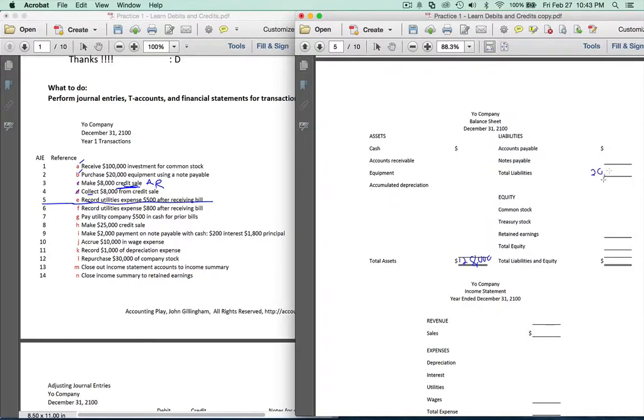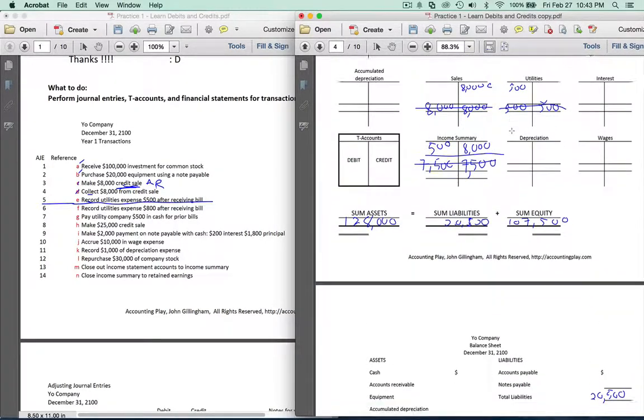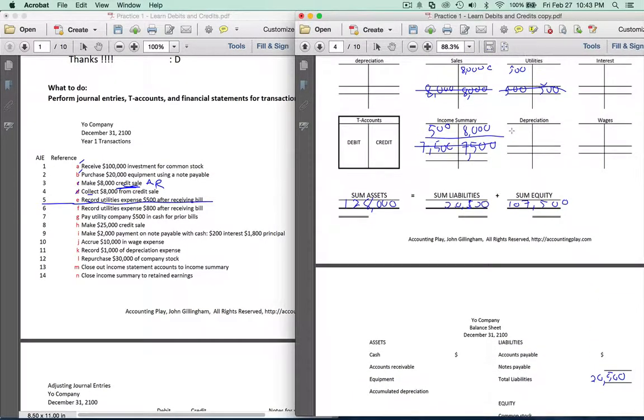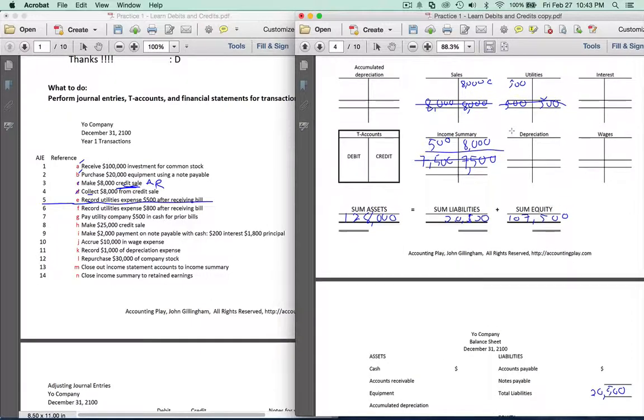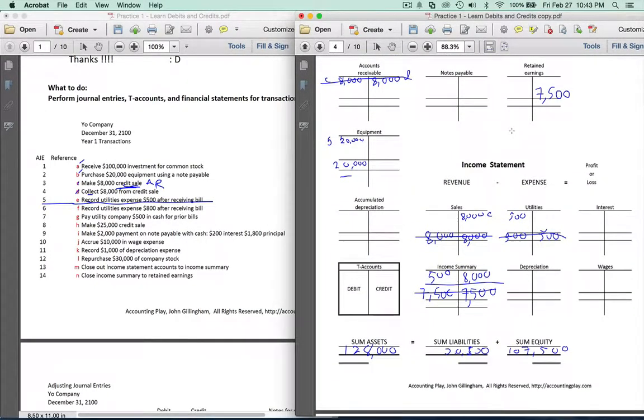We're just kind of trying to make our lives easier here for these financial statements. Just like I'm trying to make my life easier by not even doing the whole problem. But you know what? You do the whole problem, do your journal entries, and look at the answers, and you're going to be so far ahead.